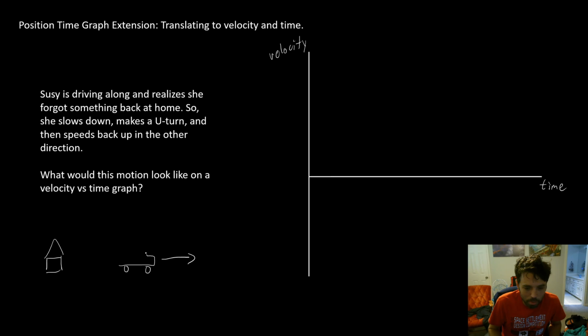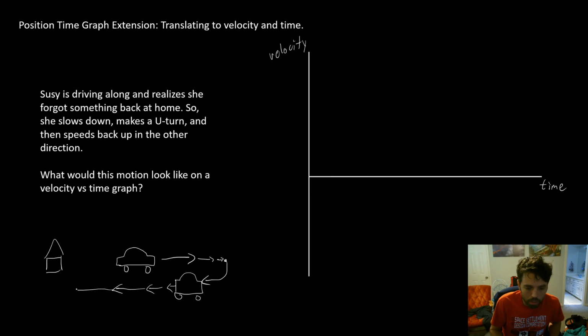Okay, she's going to the right, and she's driving along, and she thinks, oh, I forgot my phone at home. I can't go anywhere without my phone. I gotta stop. So she slows down, stops right here, turns around, and then speeds back up in the other direction. Starts slow, and then gets faster.